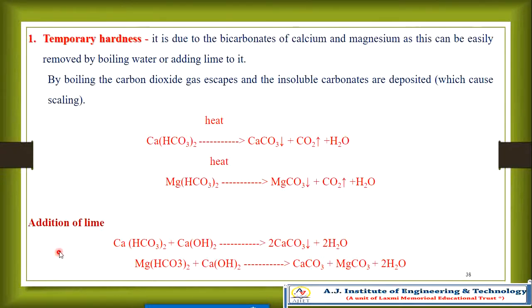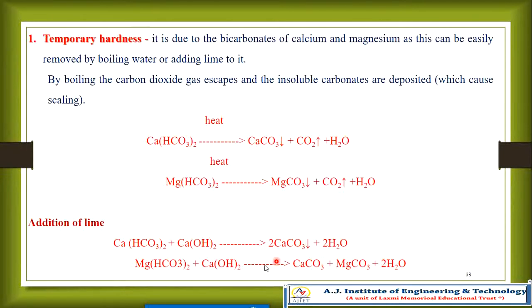And when you add lime, what happens? Ca(HCO3)2, the bicarbonate of calcium, plus Ca(OH)2, the lime, forms 2CaCO3 and 2H2O remains.